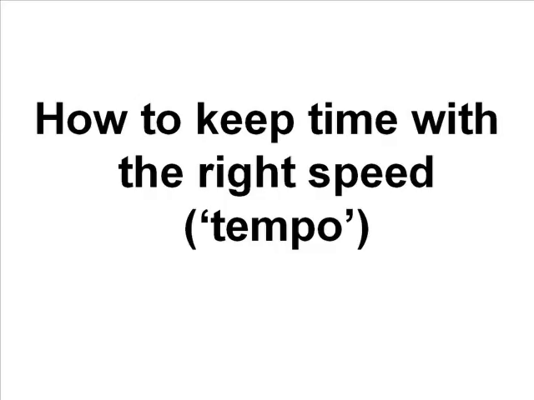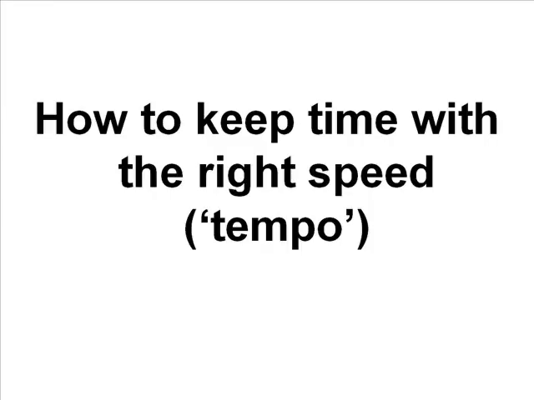Because this is a very common problem also when we want to play a piano piece, for example. If we want to do it at first sight, we don't know which speed to use to start. So how can we do this?